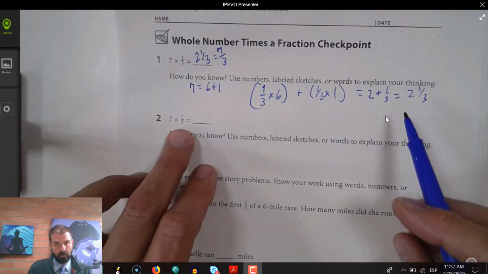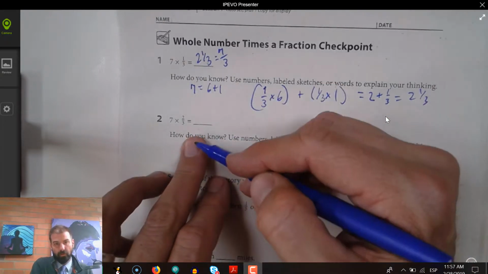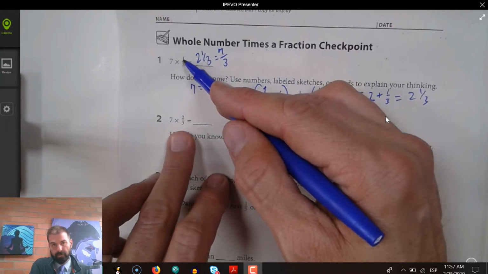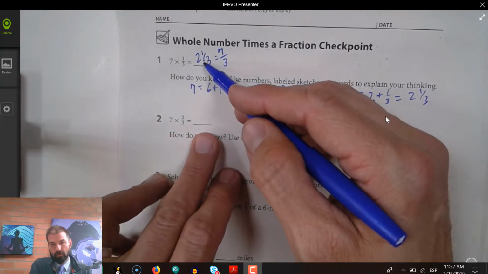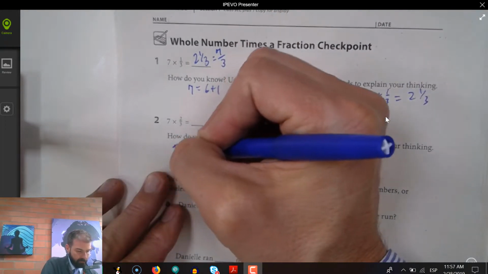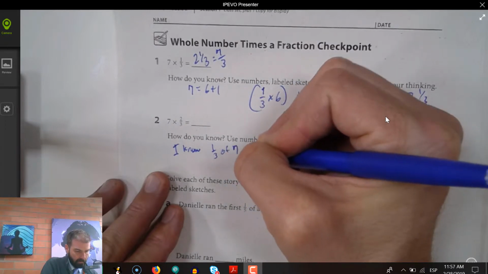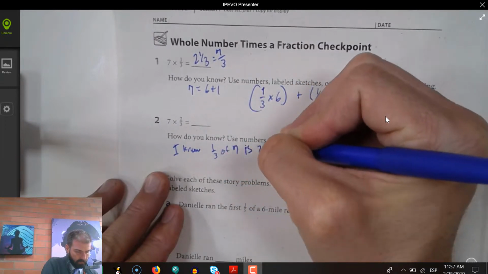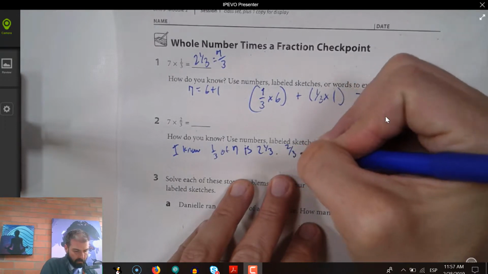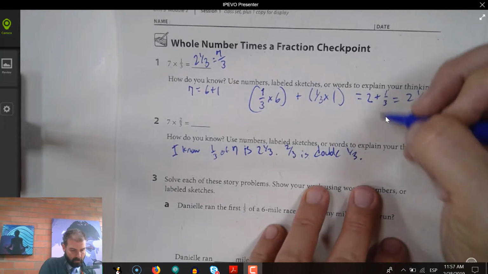All right, 7 times 2/3. Well, I could go through this whole process again, or I could just double. Look, I know 2/3 is double 1/3. So my answer is just going to be double. Cool. So I know 1/3 of 7 is 2 and 1/3. 2/3 is double 1/3.